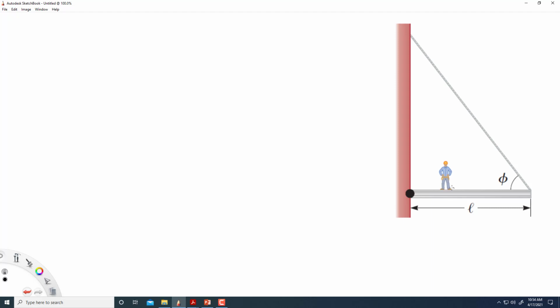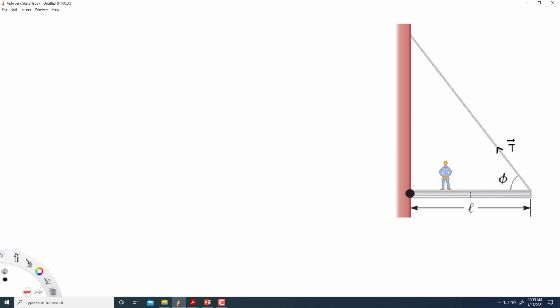So the first thing we need to do to solve this problem is to draw the extended free body diagram. So meaning we want to write down all the forces that are acting on this beam. Okay, so the first force is the tension due to the rope.